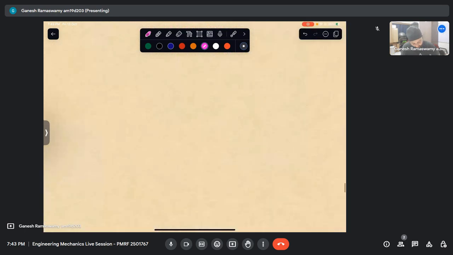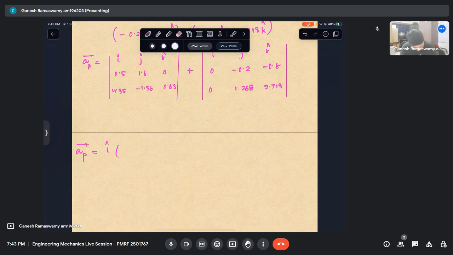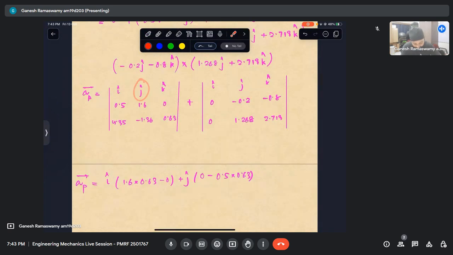So it will be i cap into 1.6 into 0.63 minus 0, plus j cap into 0 minus 0.5 into 0.63. I have taken j and multiplied this first, that is why I am taking a plus here. The general mnemonic when we find a determinant is we take minus and multiply these first, so it is one and the same, I am just doing it in the reverse order.